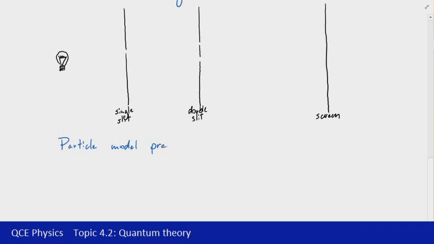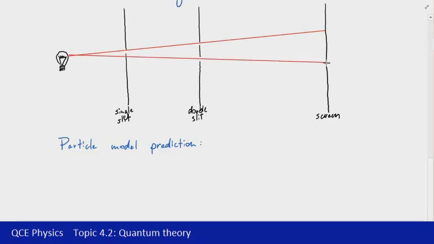So this is now looking at if light consists of particles that travel in straight lines. The prediction there is that light should travel from the light source, through the single slit and then over to the screen, or it might travel through the other slit. And note that these don't quite line up, we'll just ignore that.